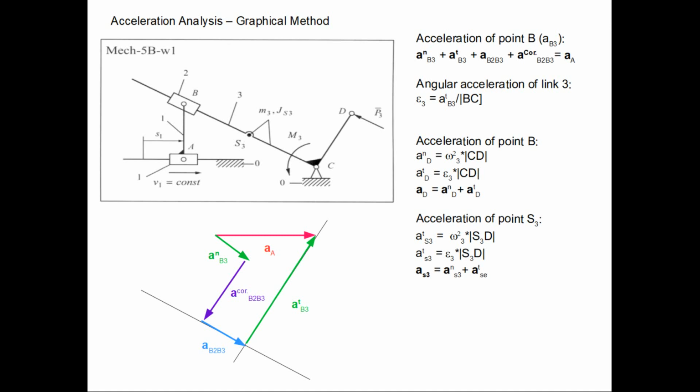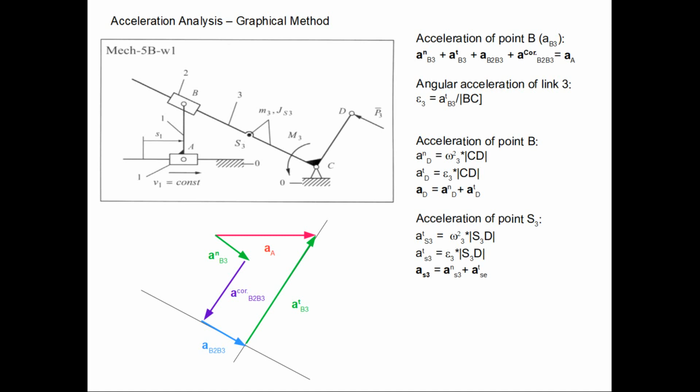The normal component is equal to omega free squared times CD, and the tangential component is equal to epsilon free times CD. So we have the values of these components, and we also know the directions, because the normal one must be centripetal, so it must be along DC, and the second component is tangential, so it has to be perpendicular to the rod DC. So having values and directions, we can find AD as a vector sum of AD normal and AD tangential.